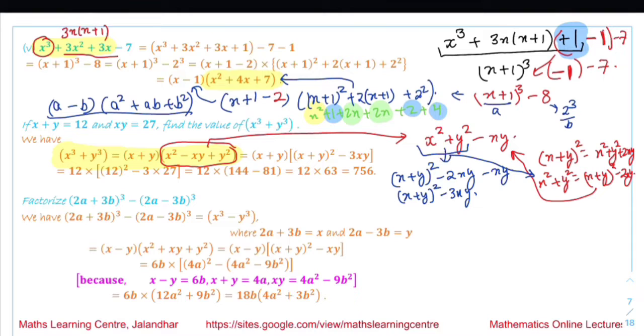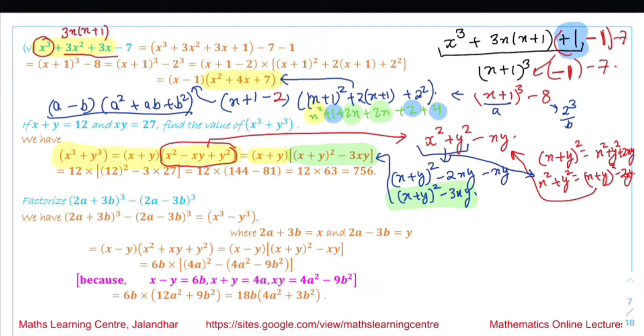This value will become equal to this value. So our expression will come in the form: first term x plus y, then the next term comes from this step, that is (x plus y) whole square minus 3xy.